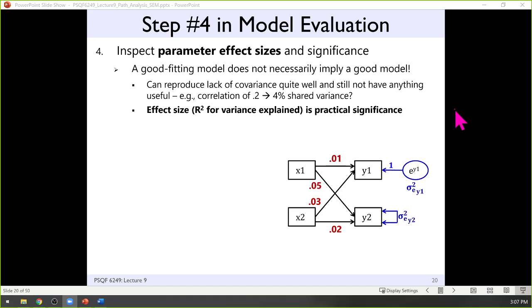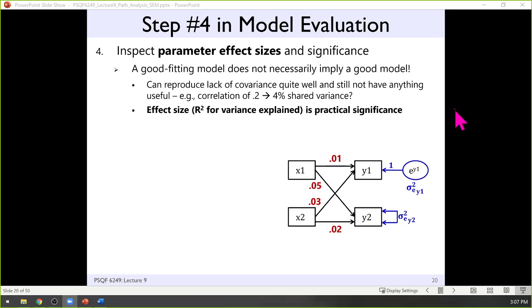Would I be right in saying the fit is how well your idea of how the different variables are related to each other is accurately representing the way that the variables are relating to each other? But if it's not significant, then that means that they're just not that related.